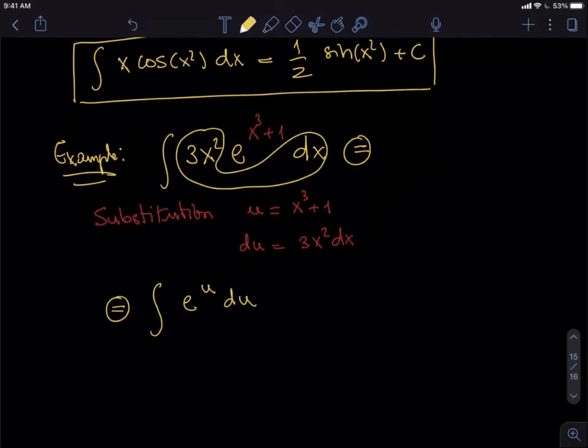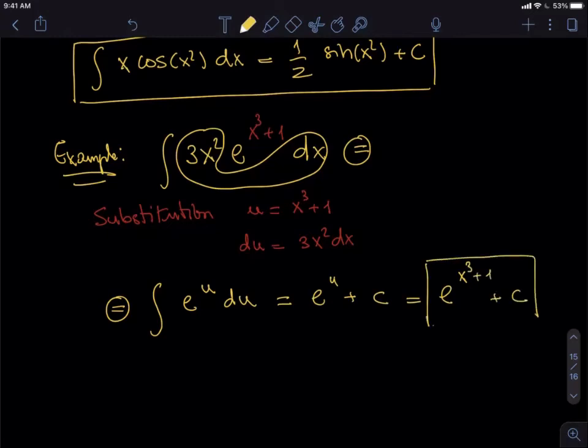So once we apply the right substitution, we see a much simpler integral that we can anti-differentiate. So here the only step that is left is to substitute back and go back to x's. Okay, sorry, first we need to integrate exponential of u plus c, then substitute back the exponential of x to the power 3 plus 1 plus c.